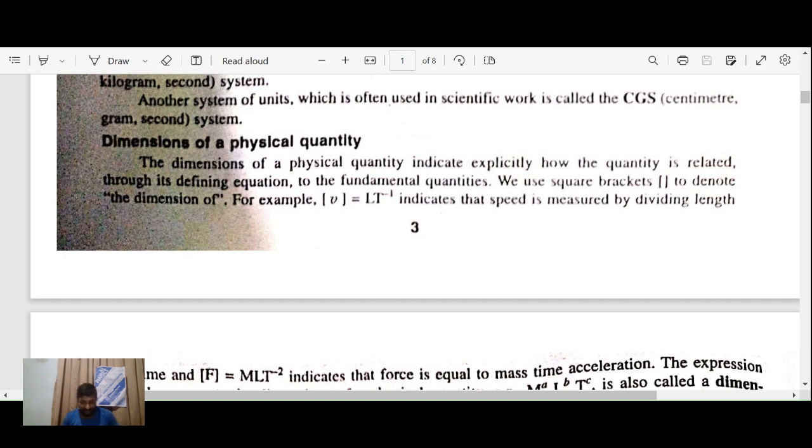According to the definition, once again I will tell you the definition of the dimension. The dimensions of the physical quantity are the powers to which the fundamental units of mass, length, and time must be raised to express that physical quantity. Now see, the fundamental quantities as we learned, capital M, capital L, capital T are involved to form it, and there is a power.